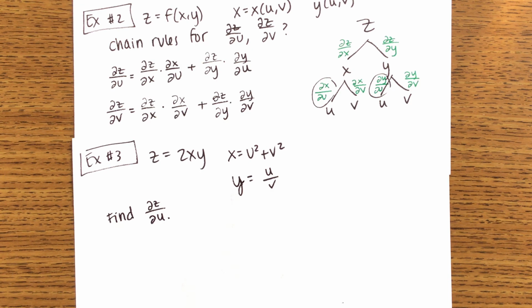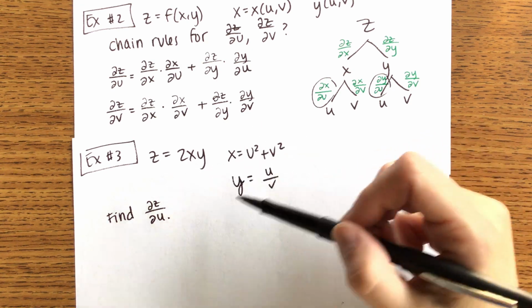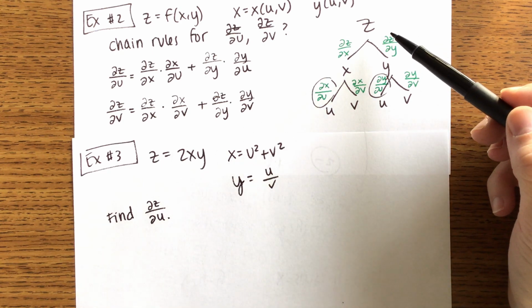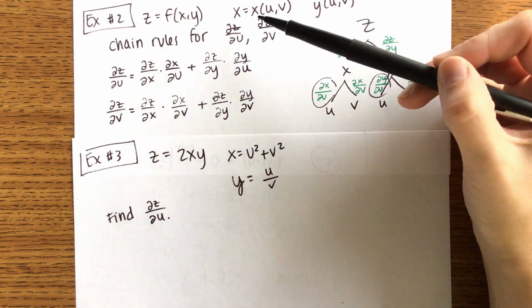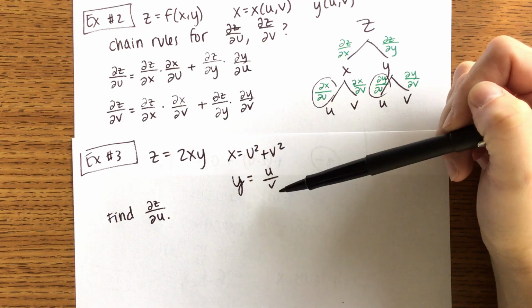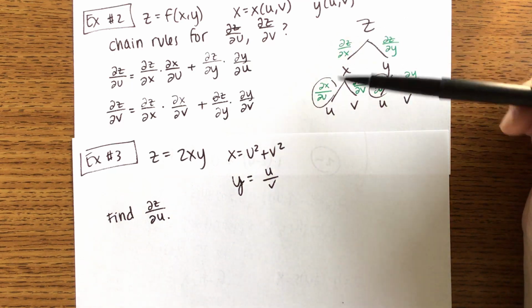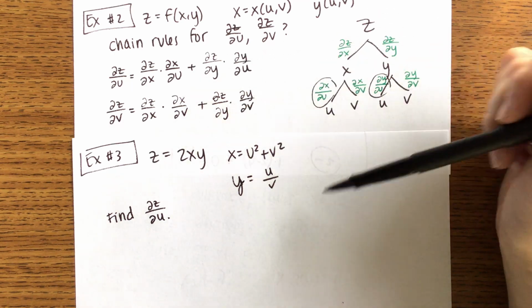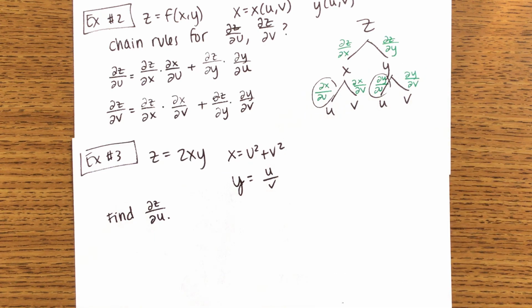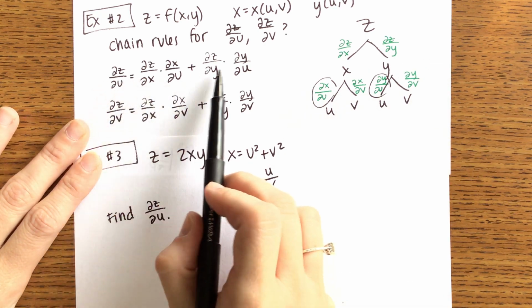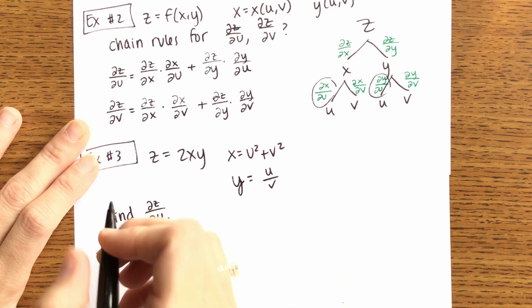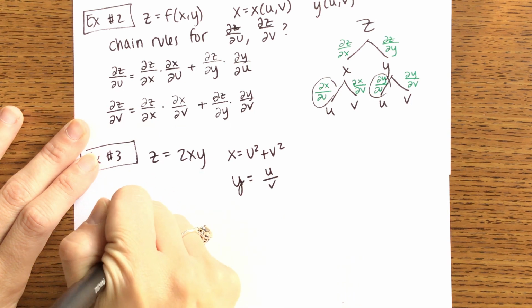Okay, so first thing I want us to notice is this is exactly the scenario that we carried out in example 2. Z is a function of x and y, which are functions of u and v. So we don't really need to draw the tree and do the chain rule again because we already figured it out. So we're going to do this one right here. So partial z, partial u then.